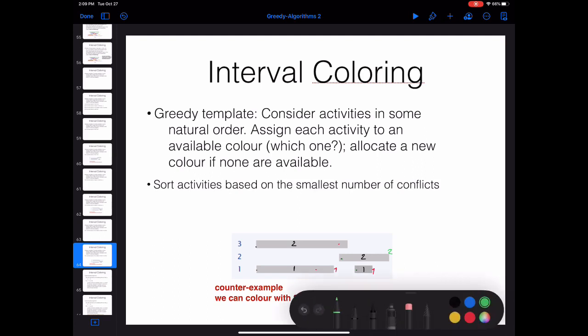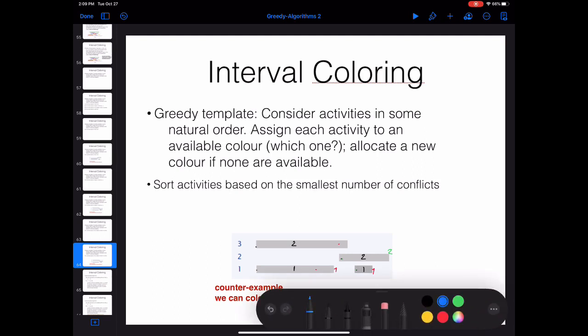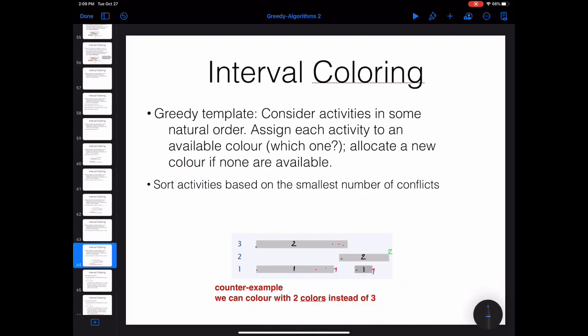And the last one, I need another color because there is a conflict between this one and this one and this one and this one. So you can see that it doesn't matter if you colored this one first or this one, both of them have the same conflict. Anyway, you need 3 colors, although the optimal answer again is 2.